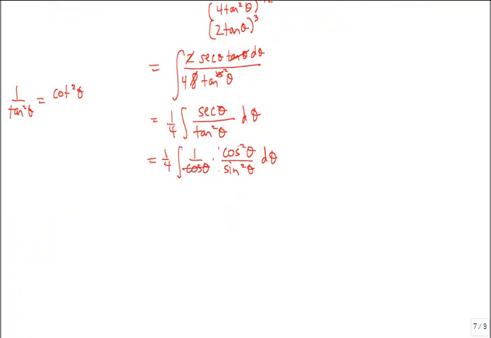So one of these cosines can cancel out. So I'll have 1 left. And I still have a sine squared in the bottom, and I'm going to move it up to the top, and I'm going to put that square on the outside and make it negative because it was in the denominator. And the reason I'm putting it in this form is because this is perfect for pattern recognition.